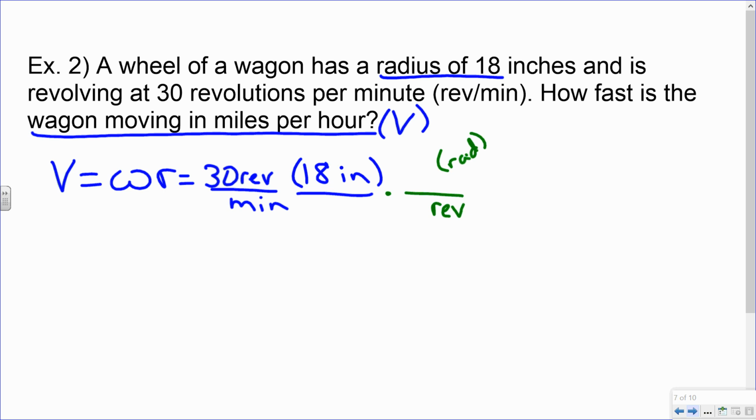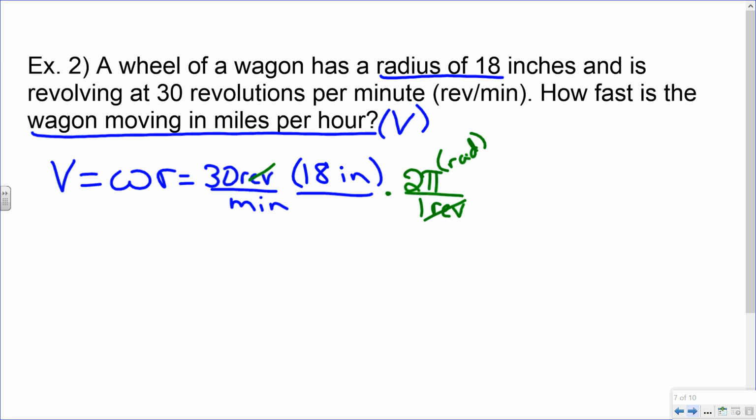Catalina? Where? Numerator, denominator? Numerator are 2 pi radians. Is that all right? So 2 pi for radians is the same as 1 time going around. So now I have this in, and I don't really need the radians in there, inches per minute.